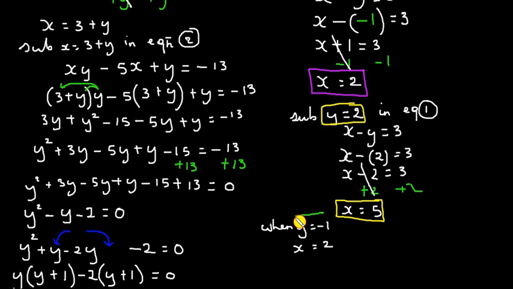So let us circle this, or square this, or write it by itself. Yes. So let us continue. When y is equal to 2, x is equal to 5.